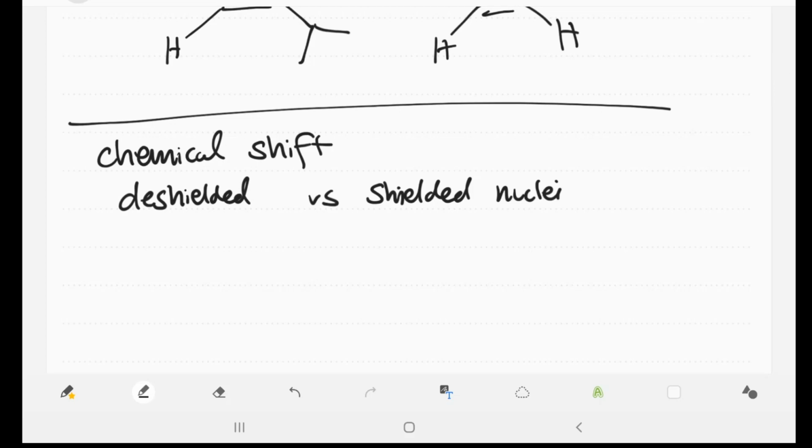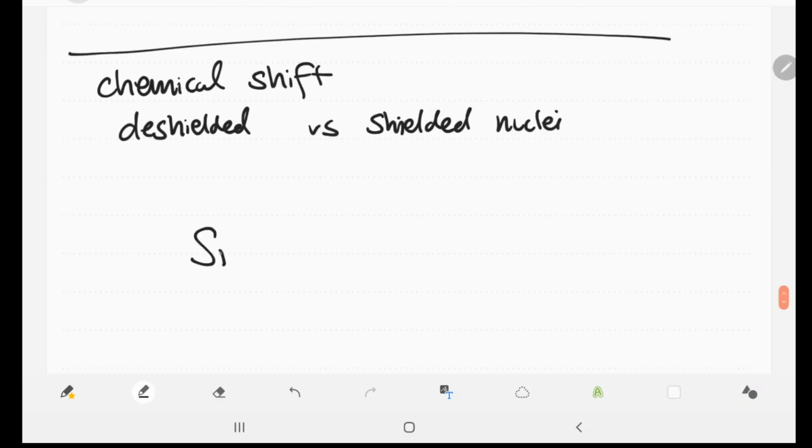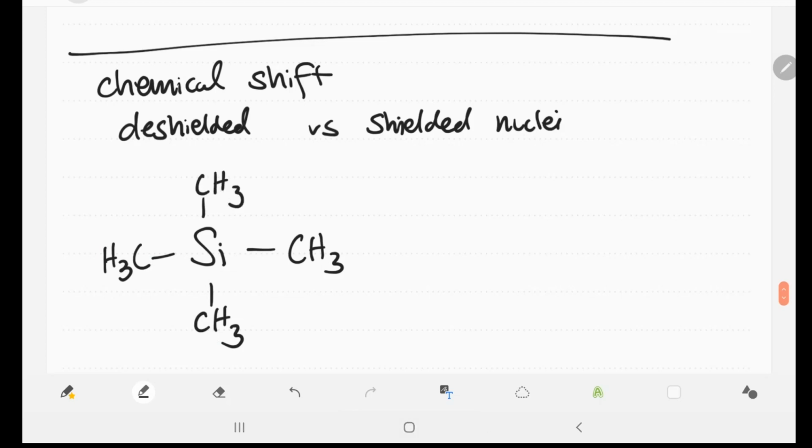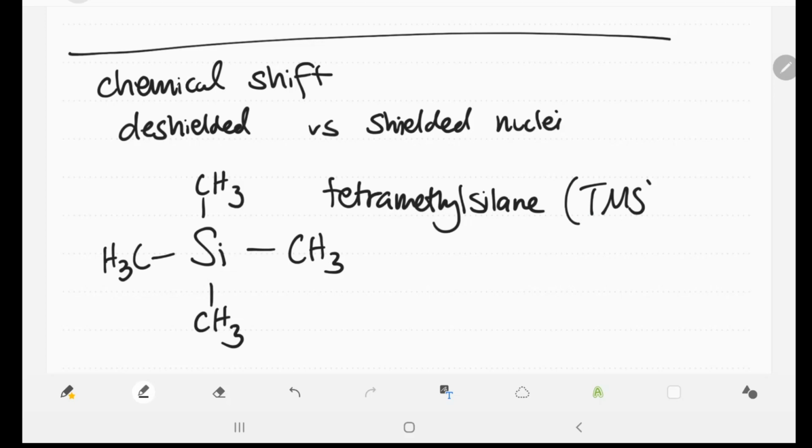And so the first thing that we want to do is standardize this. So we say we have this compound, tetramethylsilane, TMS. We set this one to be 0.